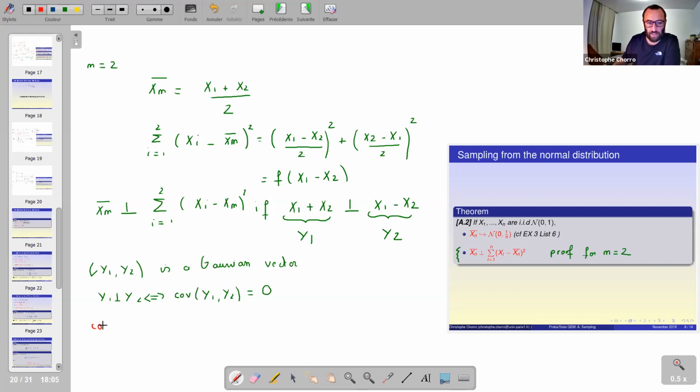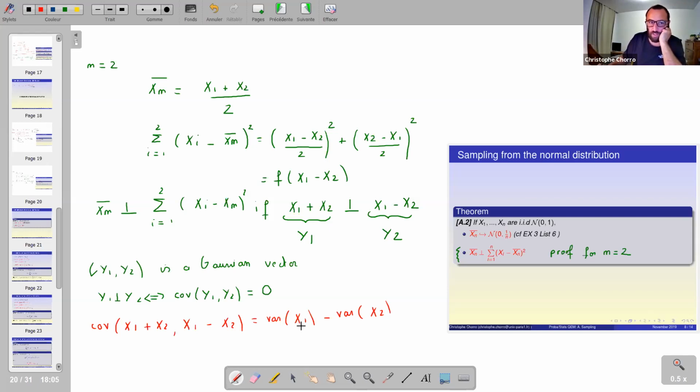And here, if I compute this covariance, I obtain the variance of x1 minus the variance of x2, because the terms with the covariance between x1 and x2 simplify.